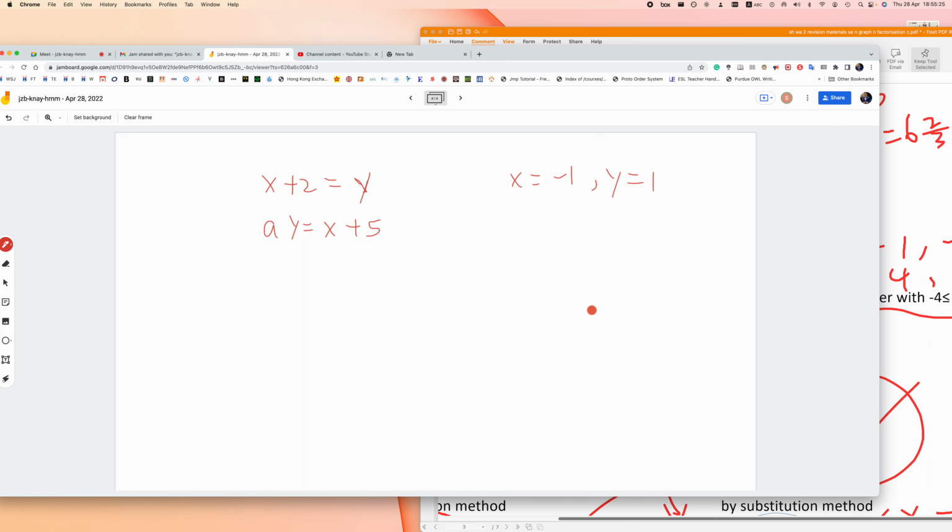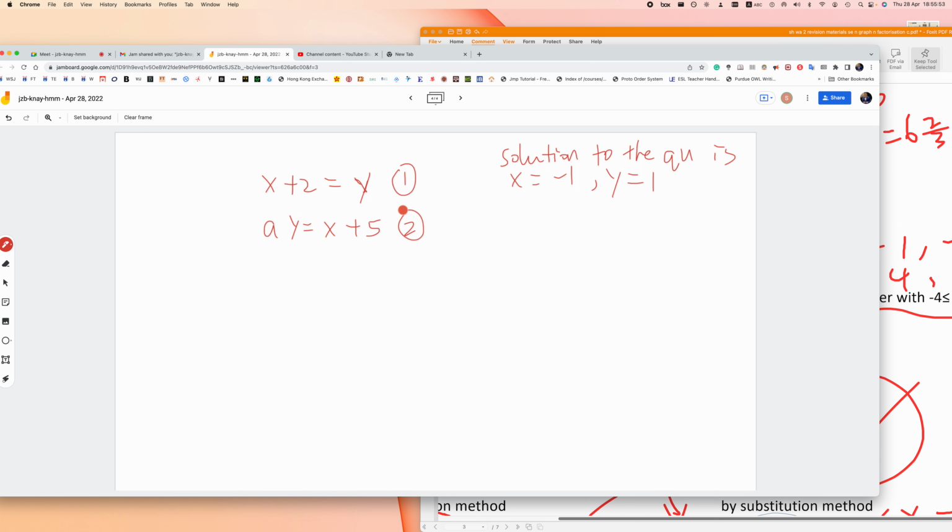Okay, so if you are given this question, and they tell you the solution to the question is x equal to minus 1, y equals to 1. So this is the question now. So you have your equation 1, you have equation 2.